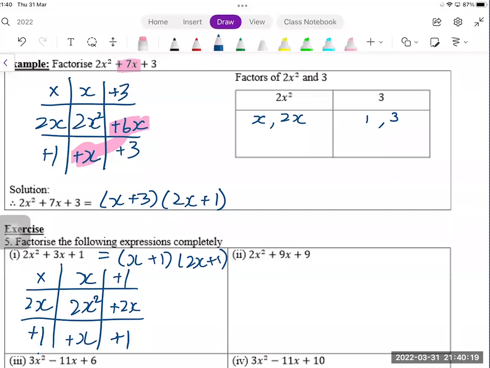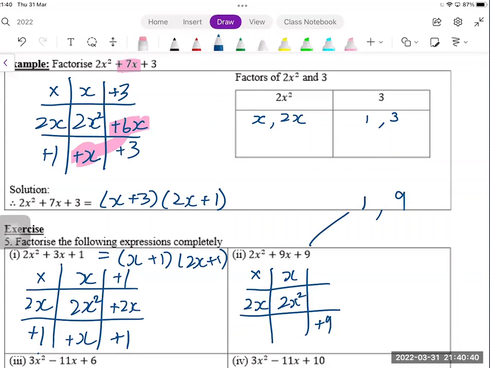Or actually, there's still some trying out. So let's take a look. I have 2x squared plus 9. This one is x times 2x. 9 can have quite a few combinations, not a few, just 2 combinations: 1 and 9, and 3 and 3.